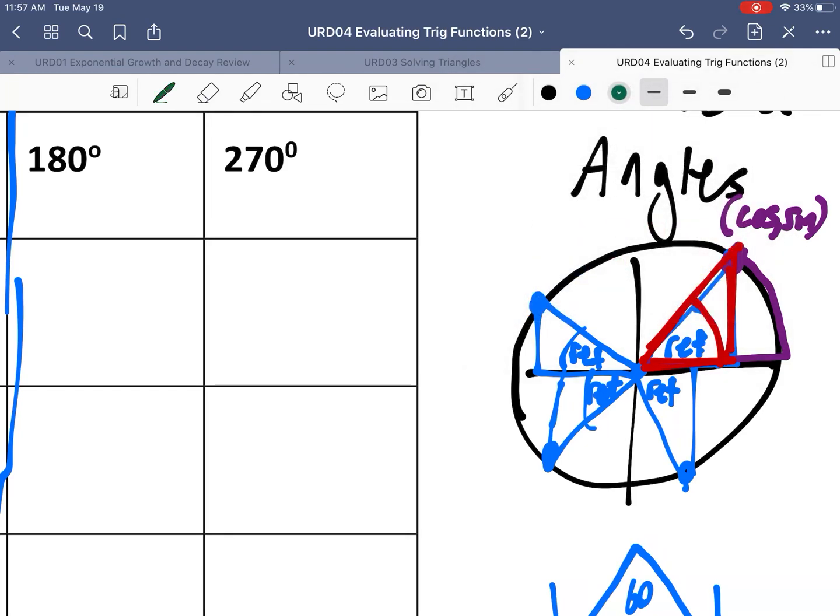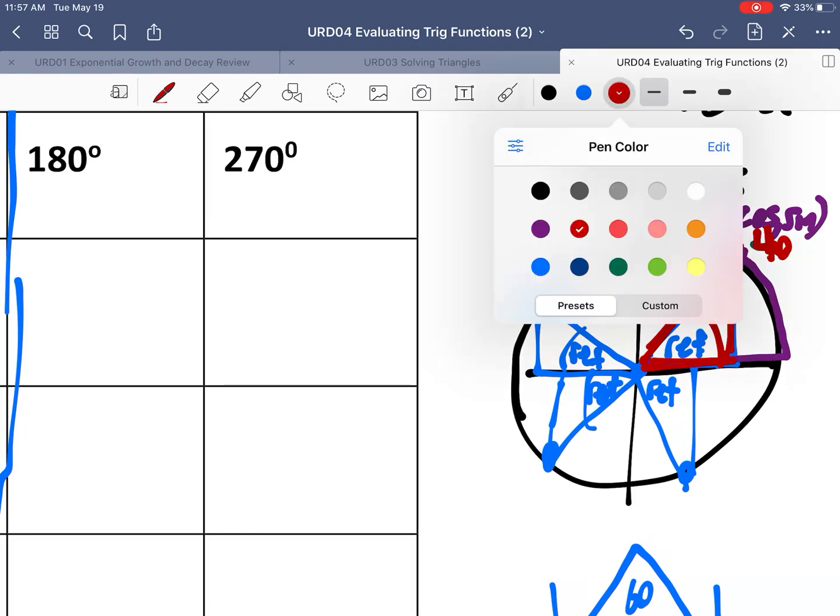Okay, now another example would be in quadrant 2. So this would be like if you were given the angle 40 degrees. This would also be equivalent to being given the angle 400 degrees because it would be a full loop around as well as another 40 degrees.